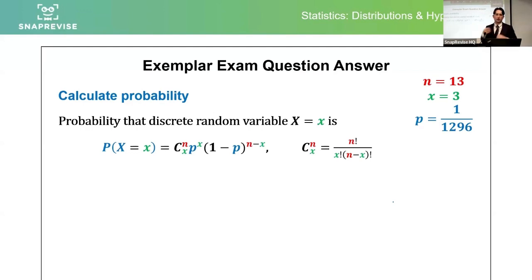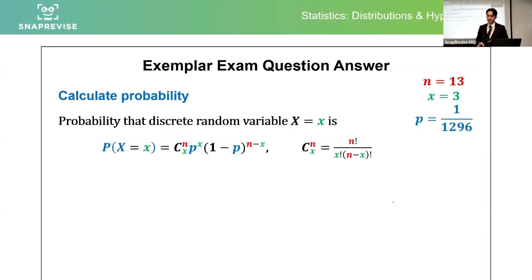Many of you are very confident with your calculator and recognize that you could use the binomial PD function, not the cumulative. We're not looking for a tail of events. We are looking for a specific event, which is this particular value. Now, this formula will work perfectly, but why not make the most of the calculator that will just do that for you? Because we should get the same outcome. And actually, if you've got 2 ways of doing it, even better.